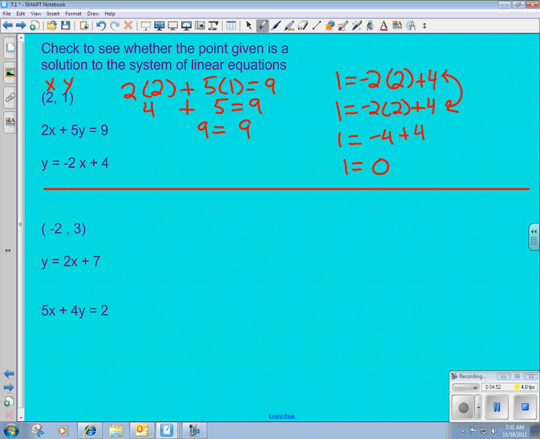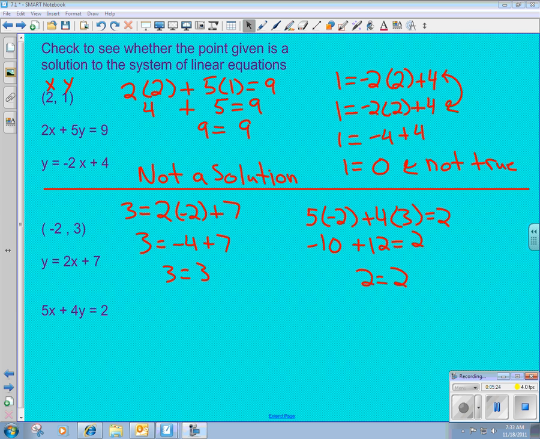But you can see that this is not a solution because 1 does not equal 0. So this part is not true. If either one of those is not true, then it cannot be a solution. All right, try a second one: pause your video, and then we'll write everything up here so you can see it. So pause your video and we'll go through it.